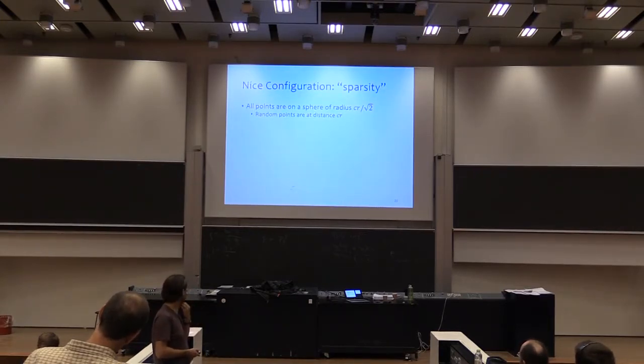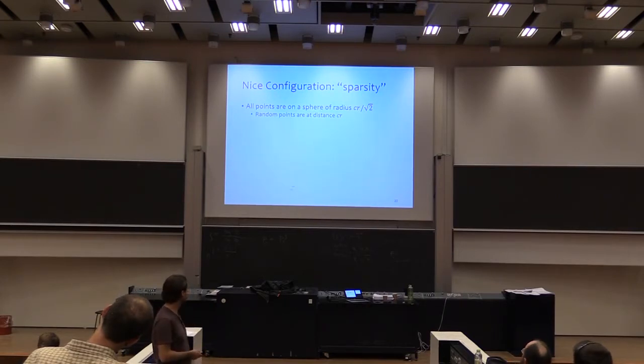So what is this nice configuration? Well, this nice configuration is essentially the equivalent of sparsity, the Euclidean notion of sparsity. This is when the data set is as tightly packed in the space as possible. What does it mean?